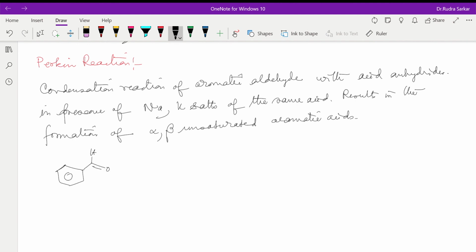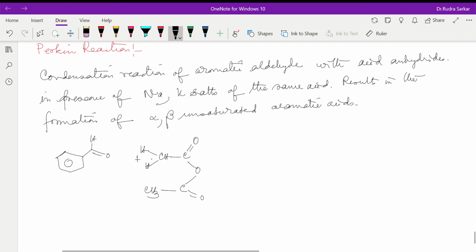All you need to do is draw the aldehyde. Okay, this is your structure for acid, and I'm writing it like this so that I can take out water. That is CH3CO, C double bond O, C double bond O, and that is your CH3.